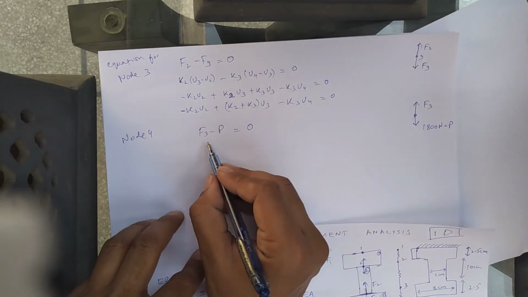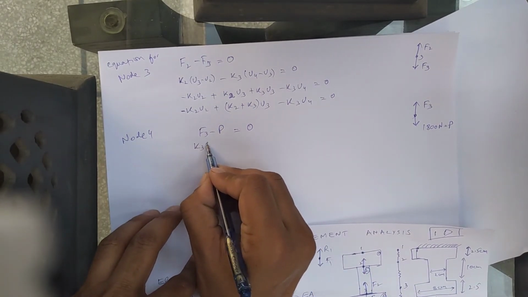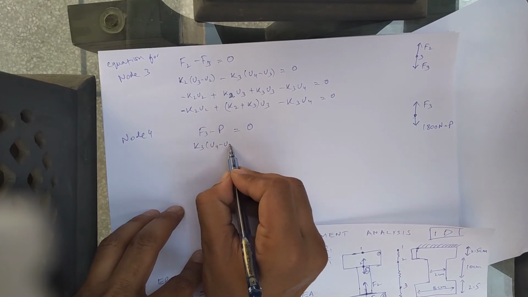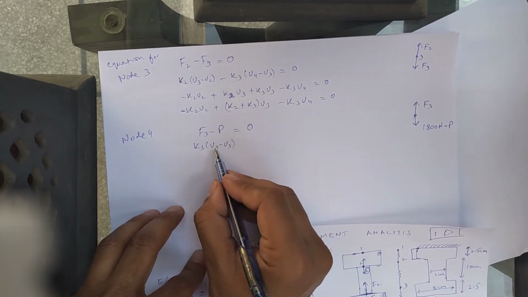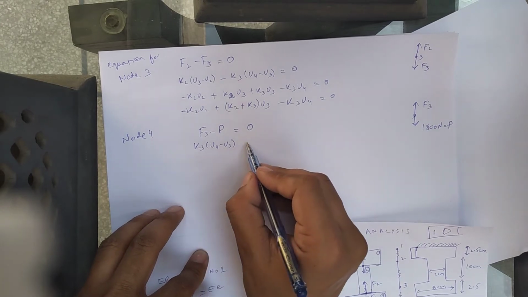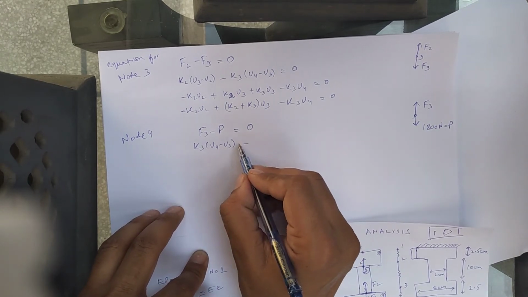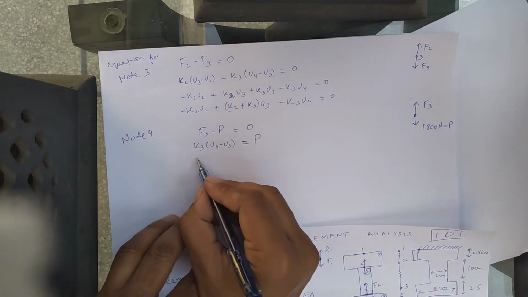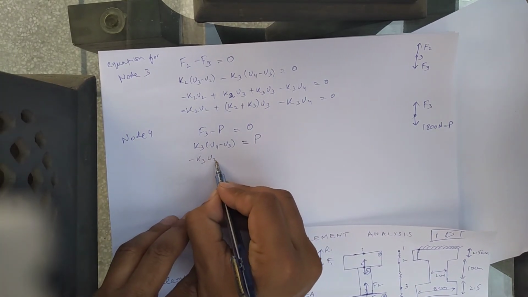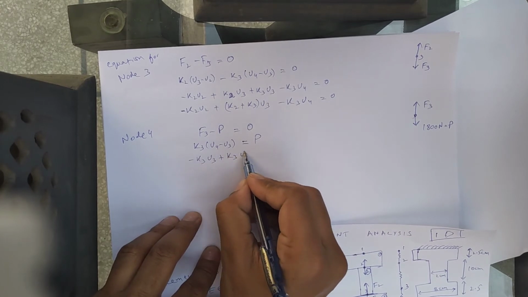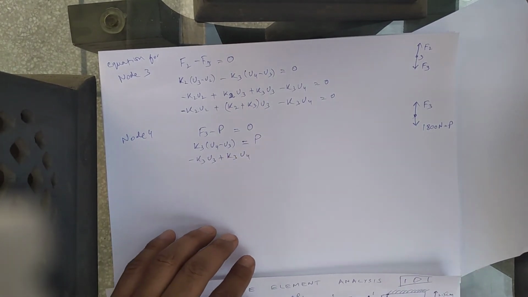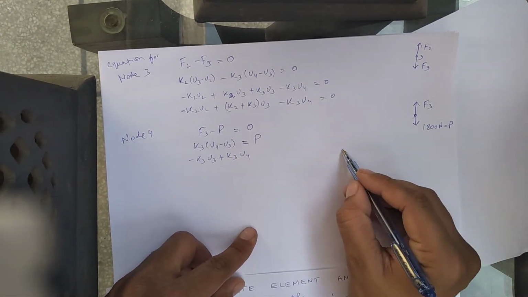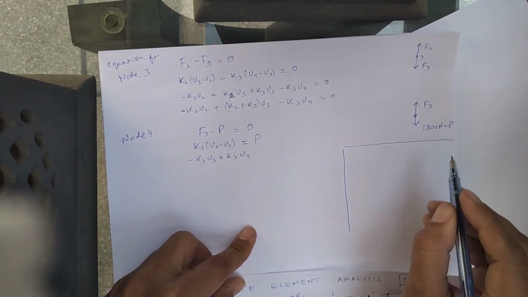So F3 will be K3 U4 minus U3, that is K delta U. Taking P to the other side, this will be equal to minus K3 U3 plus K3 U4 is equal to P, right?